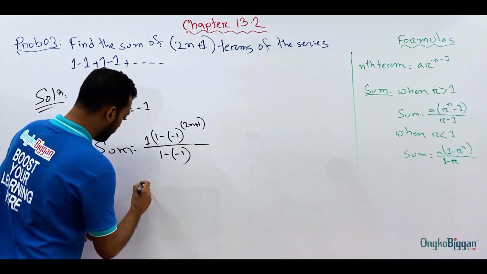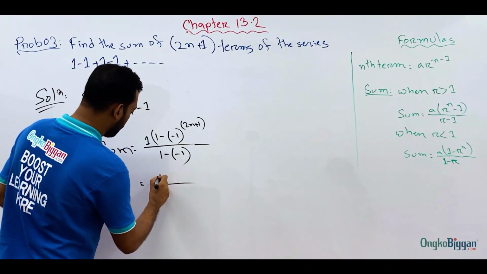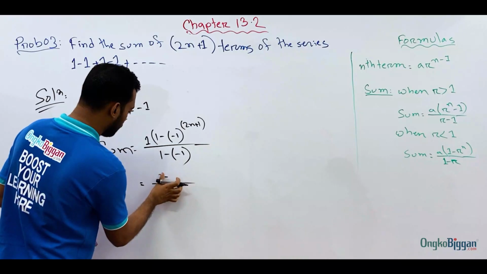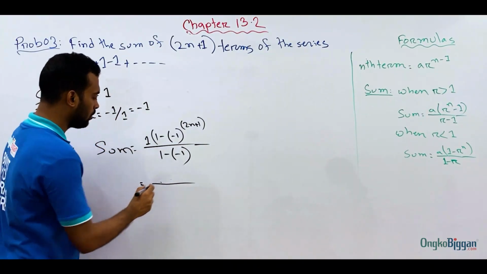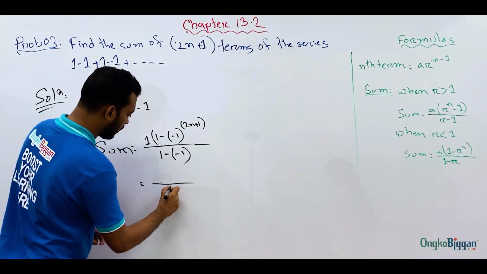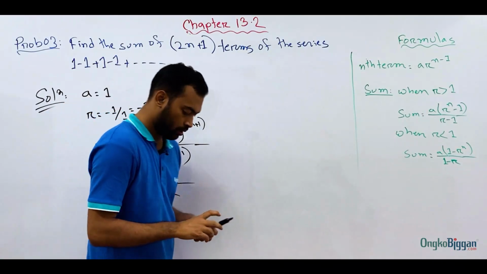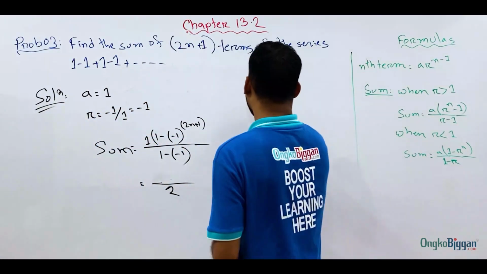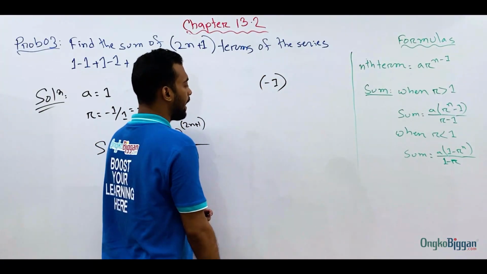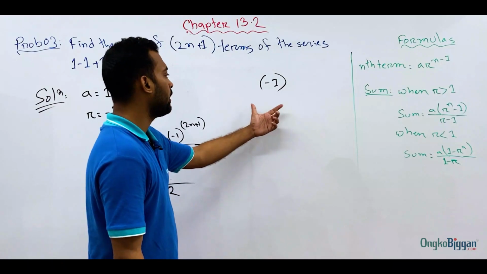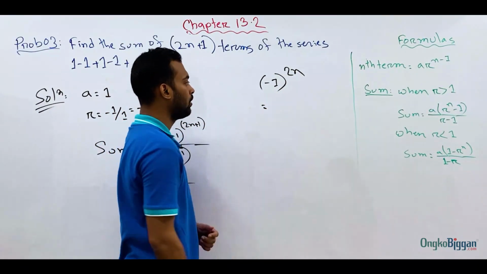1 minus, this minus 1 and this minus 1 will give us plus 2, and in the numerator we don't know what needs to be done. So look at this, observe this thing: minus 1 to the power of any even number will eventually give us a positive number. Why?